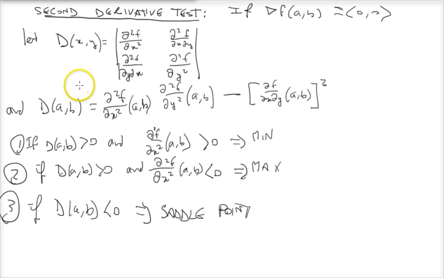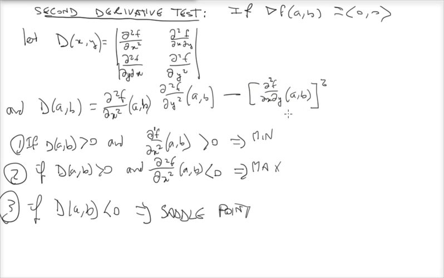And so that means D at (a, b) is equal to the second partial derivative of f with respect to x at (a, b) times the second partial derivative of f with respect to y, minus, and based on Clairaut's theorem, the mixed second order partial derivatives are one and the same, so minus the square of that mixed partial derivative at (a, b).